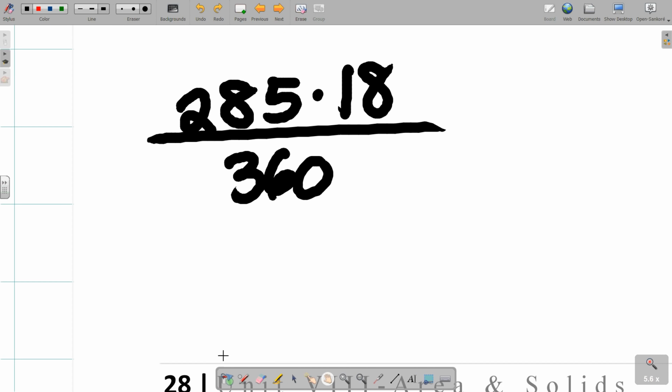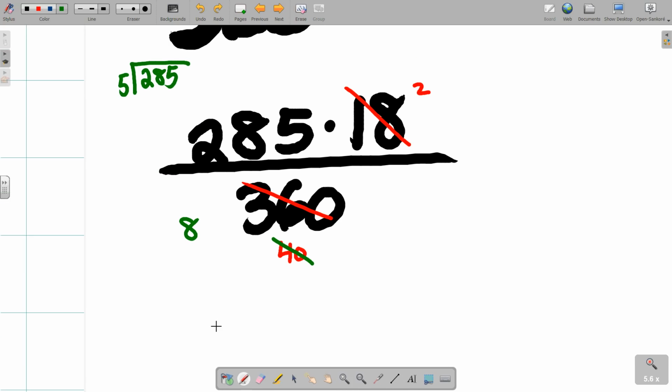Once again, we're going to challenge ourselves to do as much of this without a calculator as we can. I'm going to start by taking 9 into both the 18 and the 360 because I know that's easy to do. 9 goes in here twice. 9 goes in there 40. Now I'm going to reduce a little bit more. Obviously, 5 will go into the top one. So 5 goes into 40 8 times. I'm going to do this one longhand.